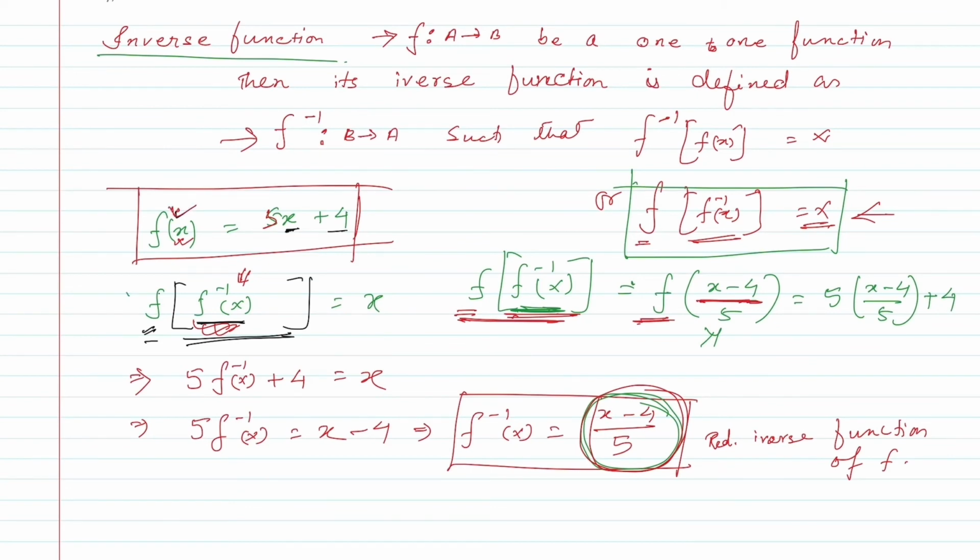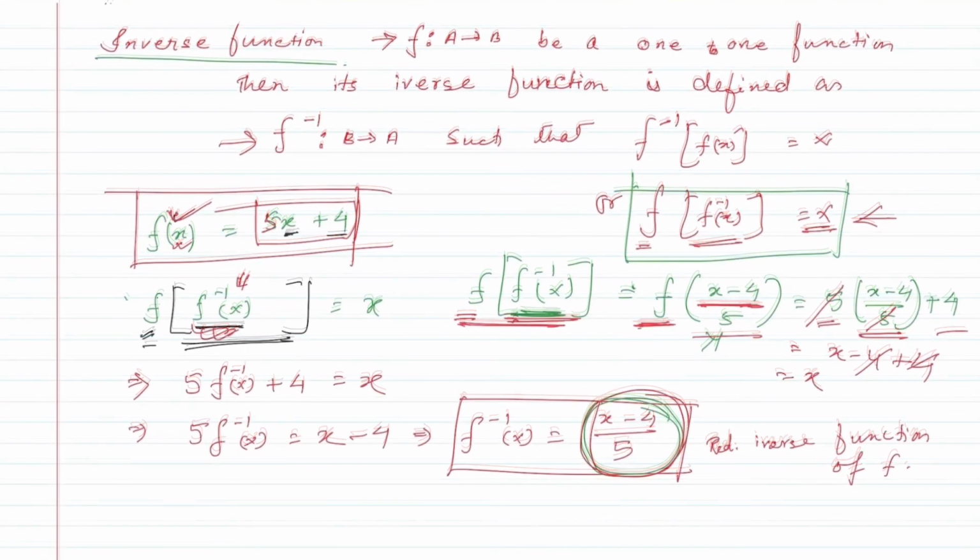If f of x is equal to 5x plus 4, then instead of x there should be (x minus 4) by 5, so 5 times (x minus 4) by 5 plus 4. Now here 5 cancels, so we have got x minus 4 plus 4. So plus 4 minus 4 is gone, and we get x. As you can see, this function f of f inverse x is equal to x.